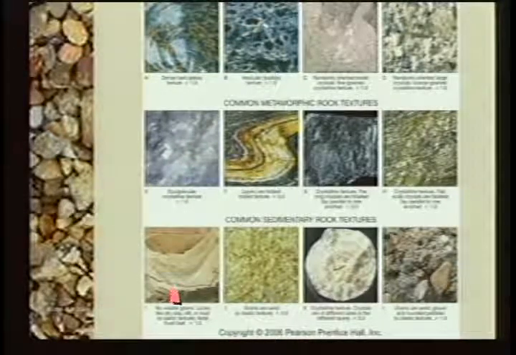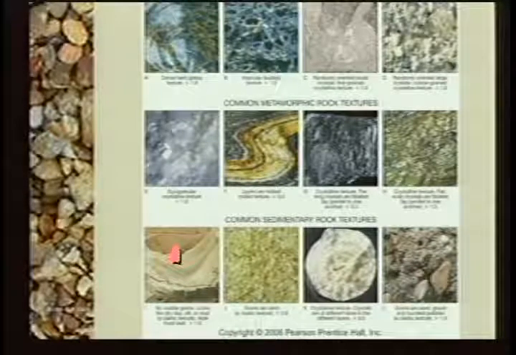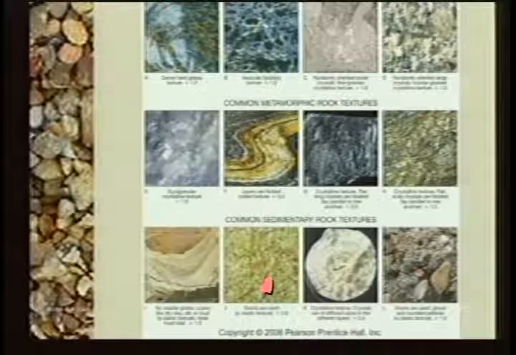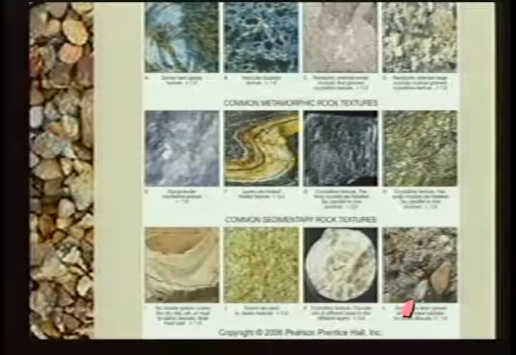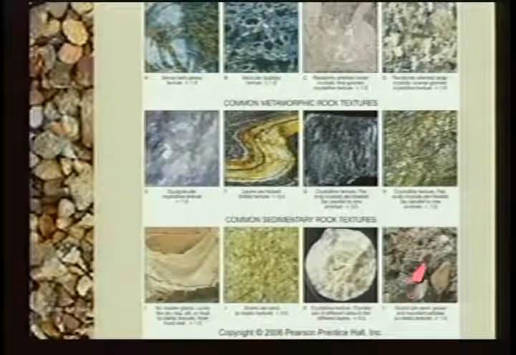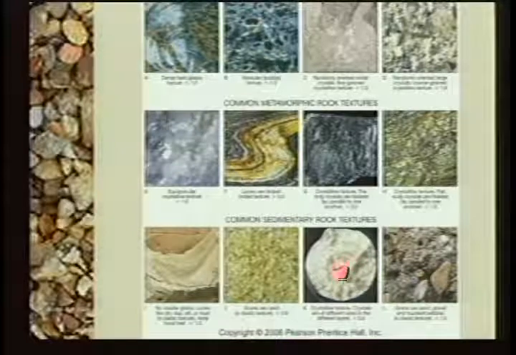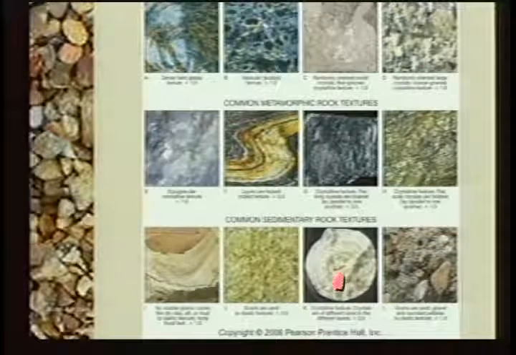Now, in the bottom row, we see some sedimentary rocks. The fossil here is a big tip-off. This has to be a sedimentary rock. The next photo over shows some sand-sized grains. We can also have some bigger pieces, for example, some gravels that are cemented together. But keep in mind that some sedimentary rocks are formed when minerals precipitate out of solution.